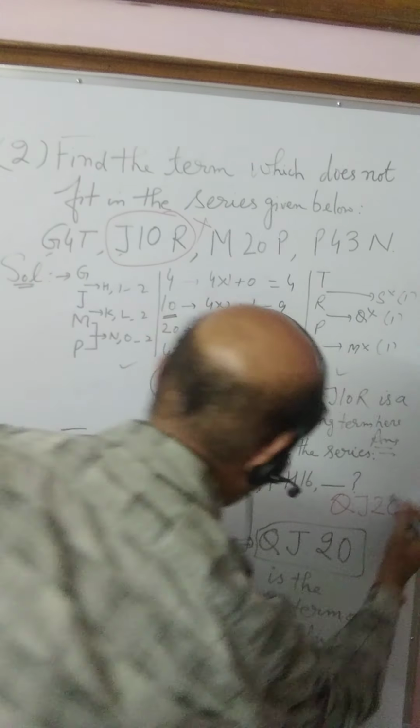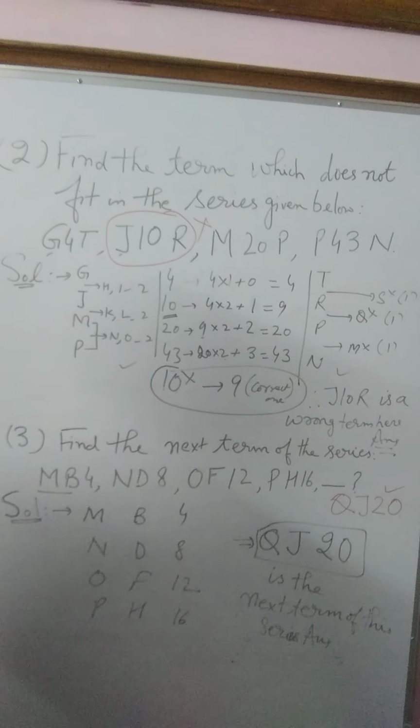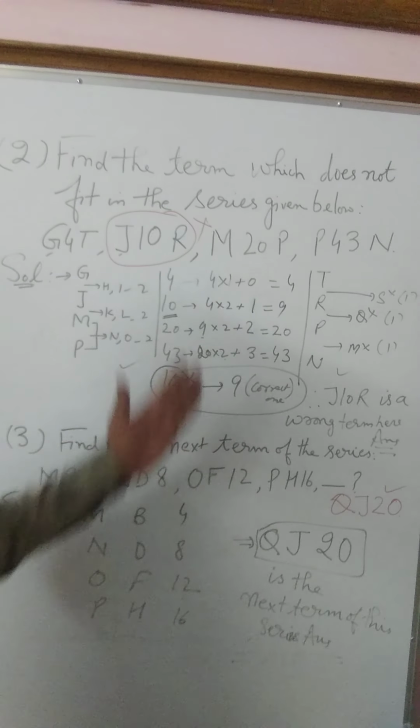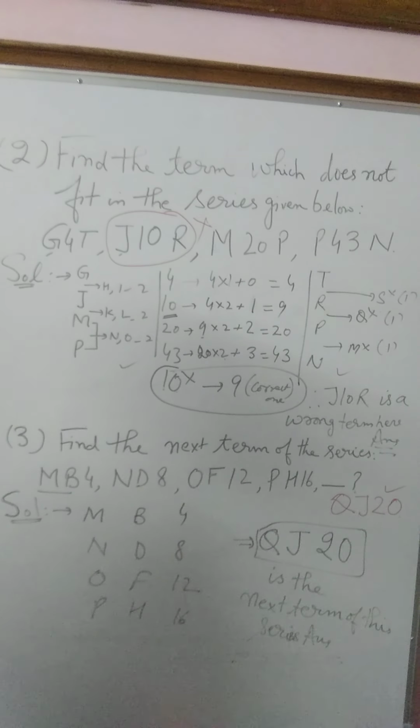That is the correct answer. Here J10R is the wrong term, which does not fit in the given series in the second example. So dear students, today we have learned 3 examples of alphanumeric series, and on the basis of these 3 solved examples we shall be able to solve our assignments.